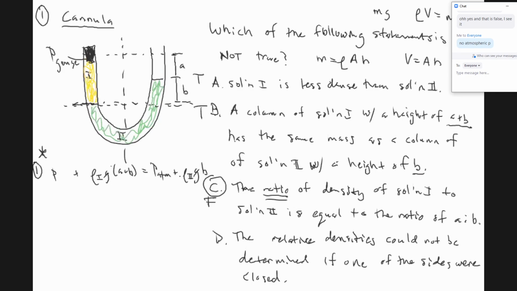Plus this unknown gauge pressure that we would have to measure, right? And since that's the case, we can't simply cancel out atmospheric pressure, and we have this unknown pressure there of those molecules getting pushed against the stopper. So we can't find a ratio of density of solution 1 to solution 2 like before in part C. This is why this is a true statement.